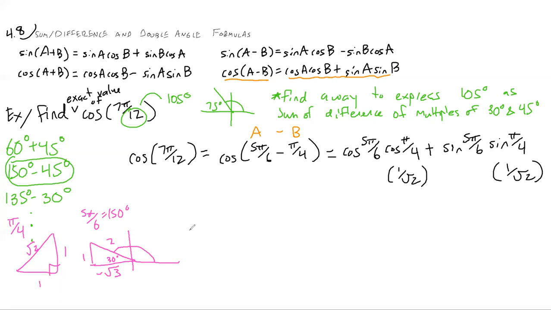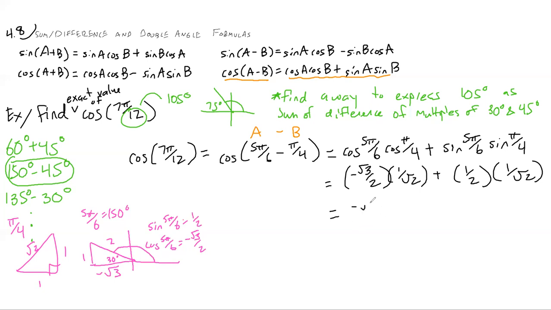So I should have sine 5 pi over 6 is a half, and cos 5 pi over 6 is negative root 3 over 2. And so we can plug those in, cos 5 pi over 6 and sine 5 pi over 6, and just multiply it all out.